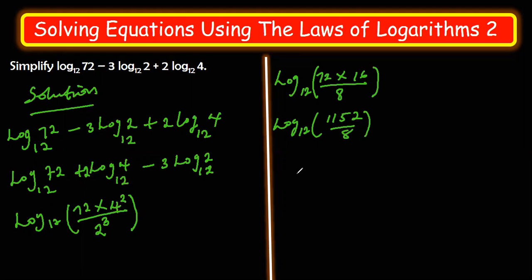Then let's divide this by 8. What do we have? No, we can't have 12. We should have 144.